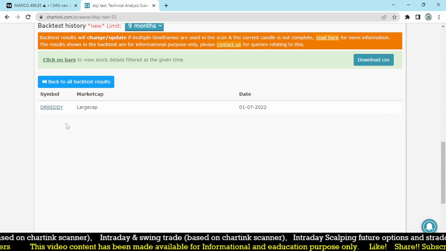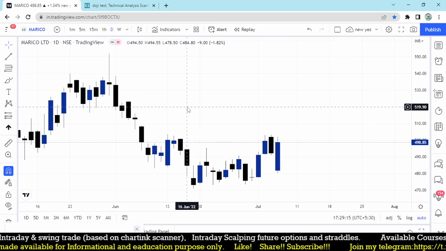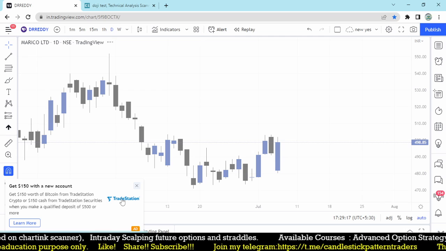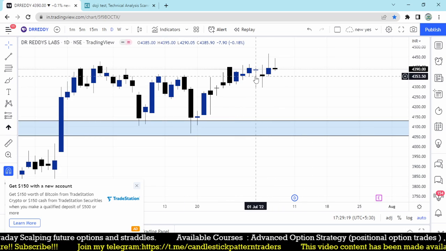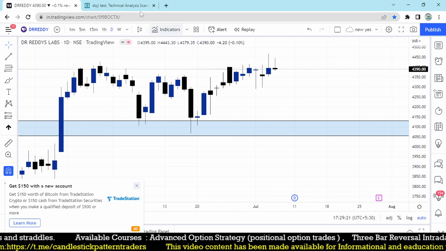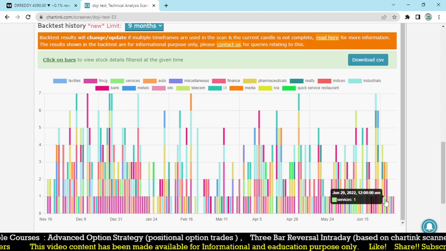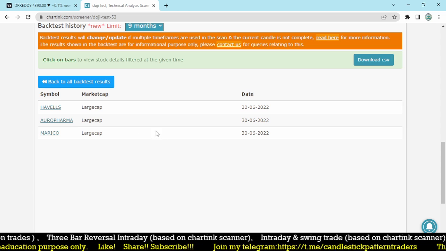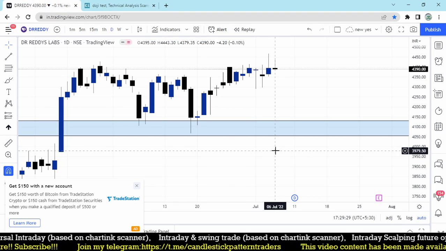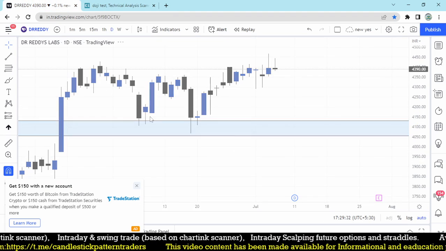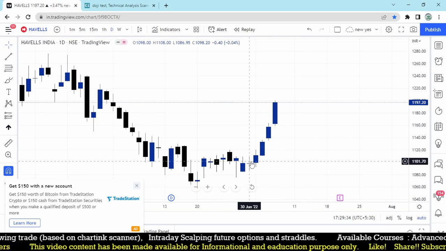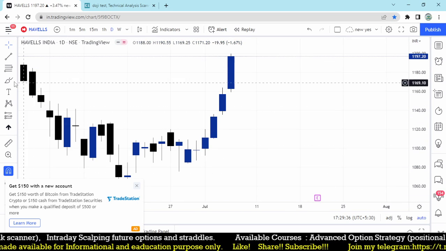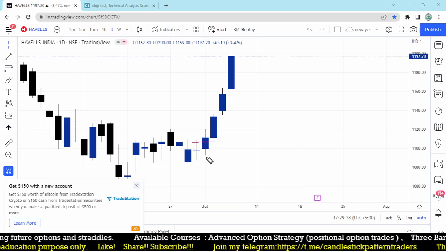We found a lot of stocks which form an exact doji. Dr. Reddy on the 17th, let me try it out. On the 17th, this was another doji. And after that, what are the stocks which formed on the 17th and 30th of June? Havells, Aurobindo Pharma, Marico. If we go for Havells, that is also a doji, and we can find out how it performs after a doji.